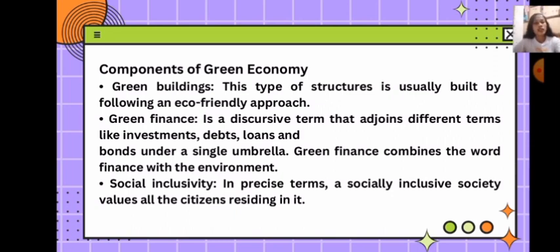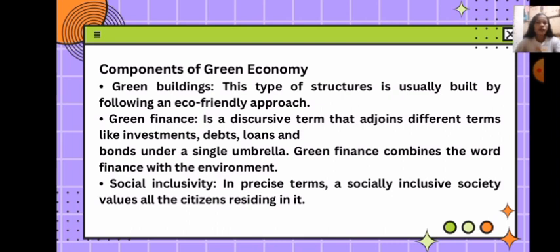So the second component is green finance, a discursive term that adjoins different terms like investments, debts, loans, and bonds under a single umbrella. Green finance combines the word finance with the environment. So this component is all about investing in companies that promote sustainable practices.